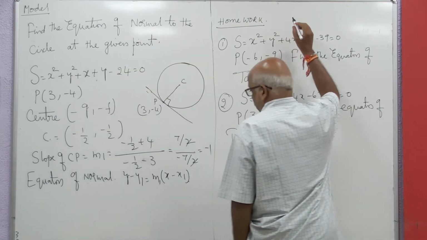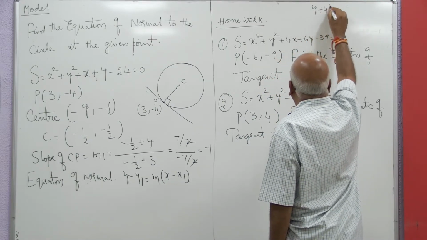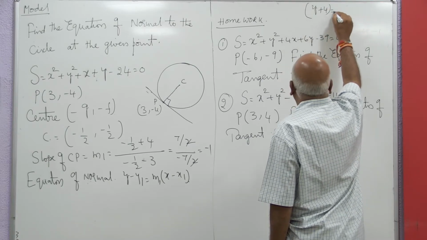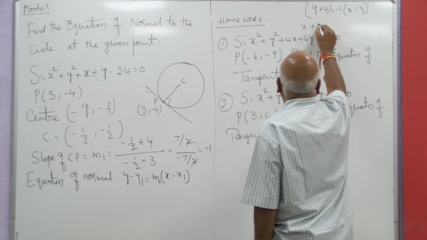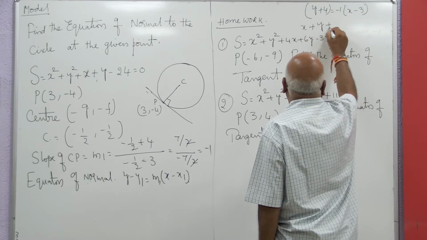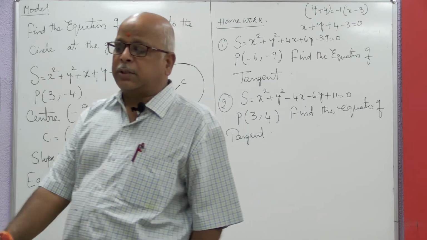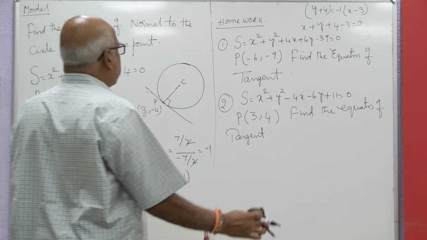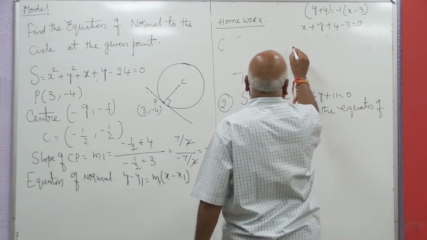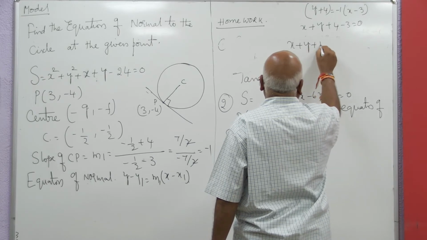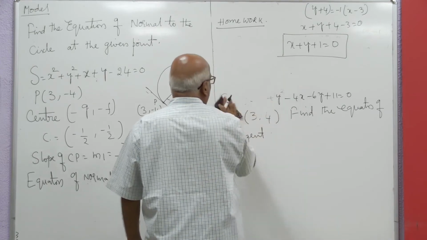That is y minus y1, y minus (minus 4), y plus 4 equal to m1, minus 1, into x minus 3. x plus y plus 4 minus 3 equal to 0. Finally, after simplifying, the equation of normal will be x plus y plus 1 equal to 0. That is the equation of normal.